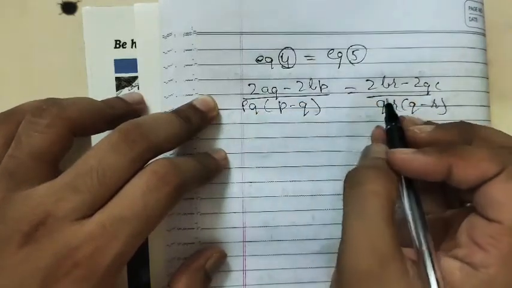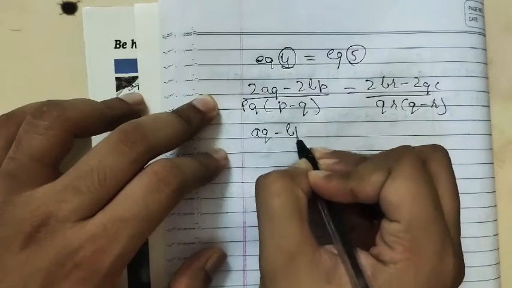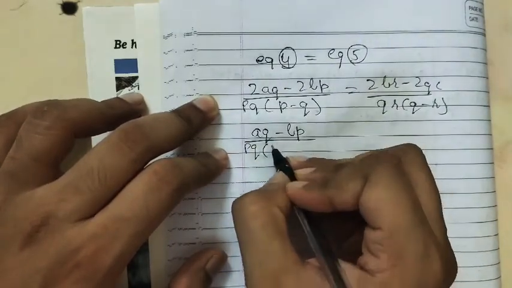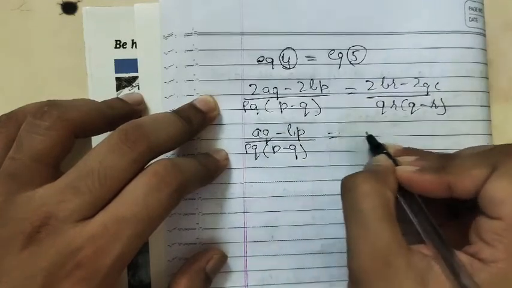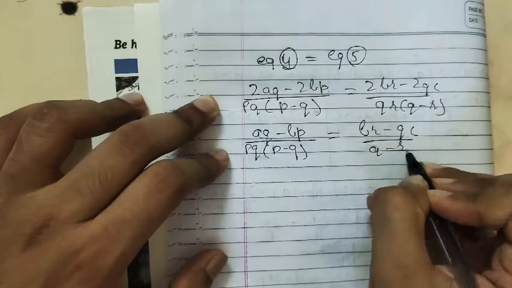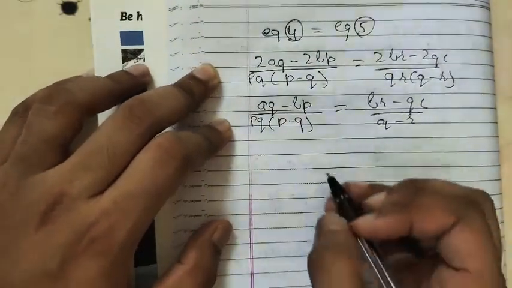So taking 2 common and cancelling it, this will be AQ minus BP upon PQ bracket P minus Q is equal to BR minus QC upon Q minus R, right?